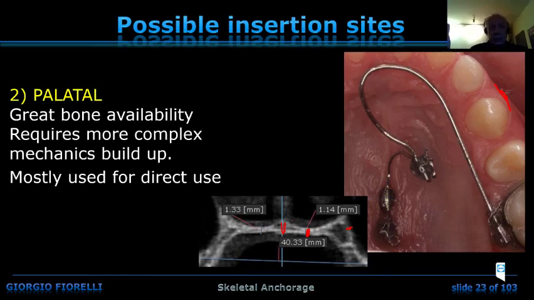But if you want to change something, because remember all cases are different, it's a little bit difficult to work with. So I'm not using it for this reason. I prefer to build my own system, and to build my system using TADs in the palate is a little bit more complicated. It's not impossible. In fact, I'm doing it.